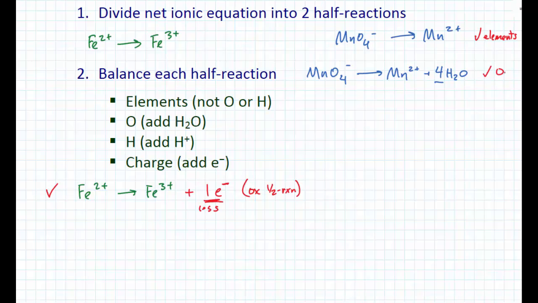All right, but now we got H's. So we add H plus to take care of those. So MnO4 minus, then what? Yep. How many H pluses? Yeah, 4 times 2.